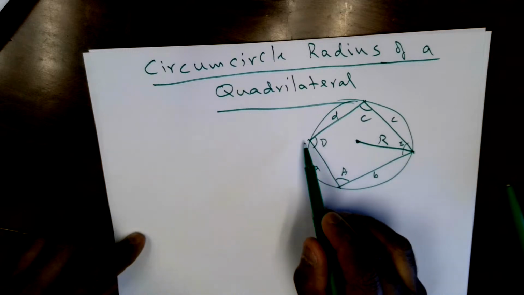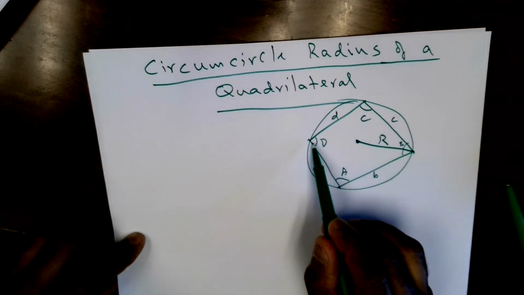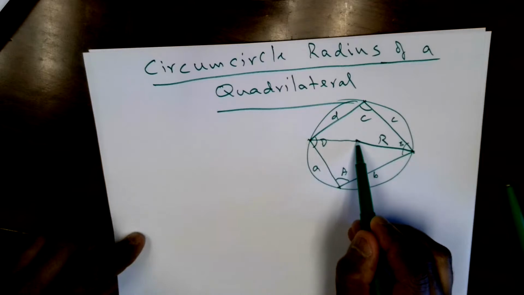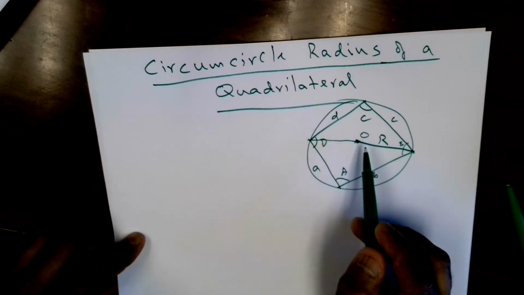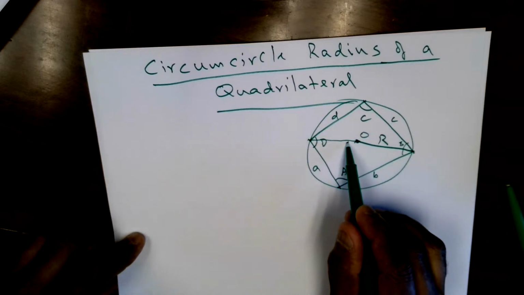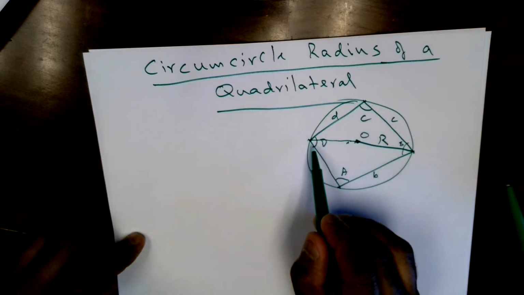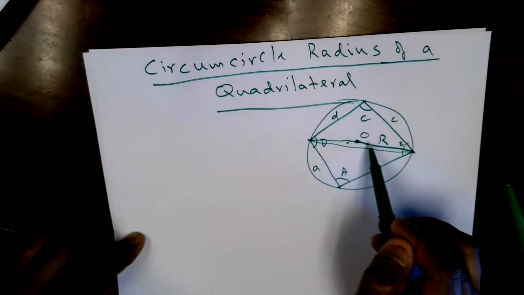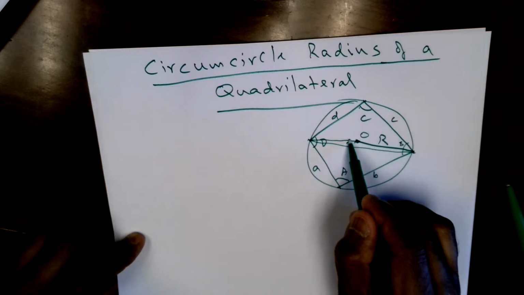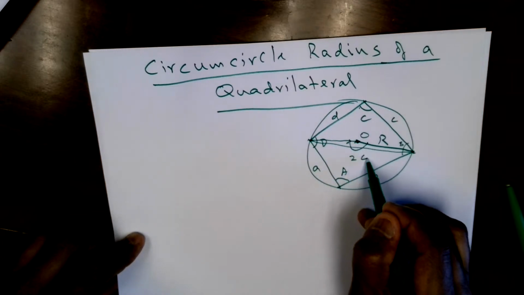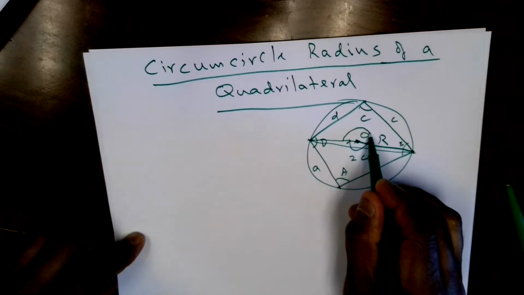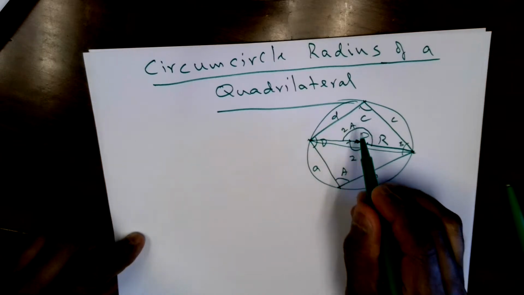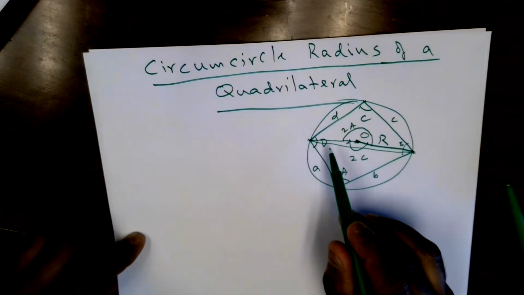So if you join this line to the center, then you notice that if you take this triangle, this angle will be 2C, and this angle will be 2A, from the same property that I just mentioned.